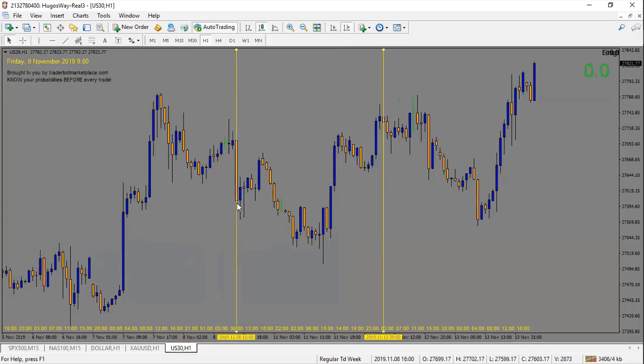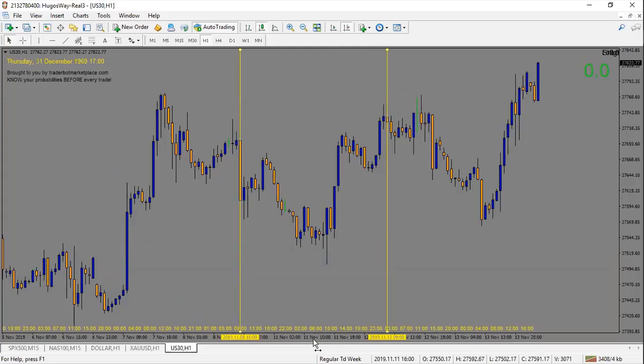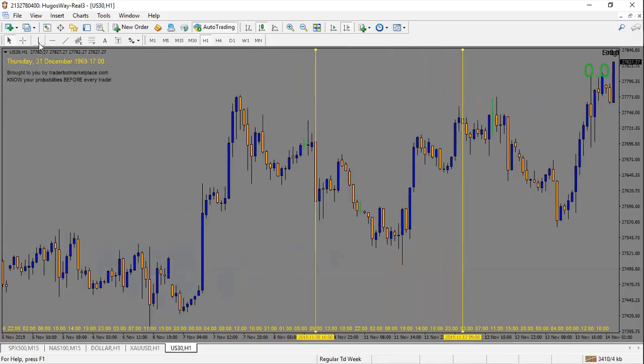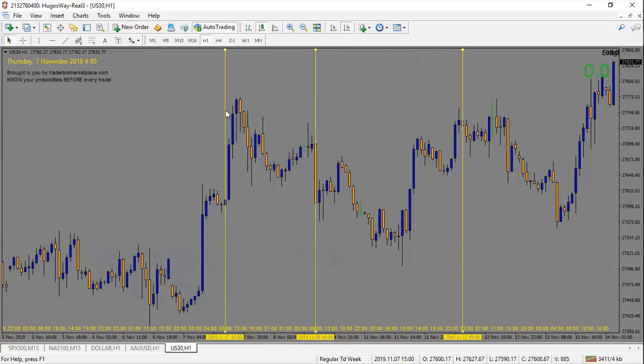Look, 9 o'clock, market shot down 1,000 pips, came back up 300, and then shot down again 2,000 pips. Okay? This is all the same day, guys. This is all the same day. About here. One more example.